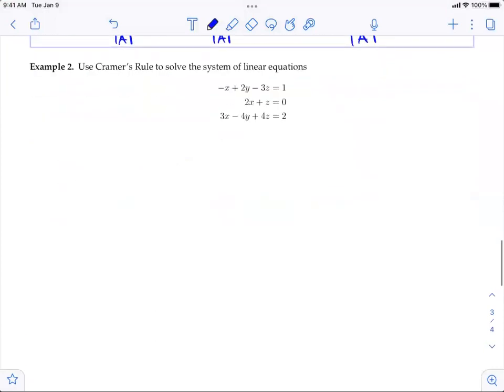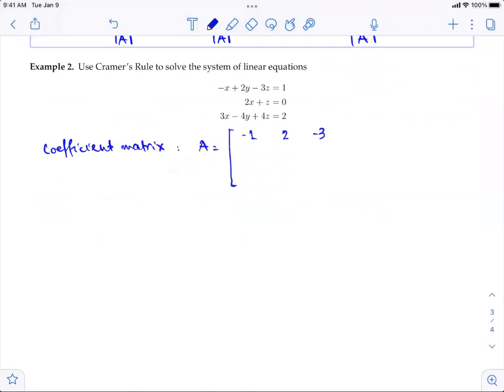Now in the following example, I have a system of 3 equations with 3 unknowns, x, y, and z. I'm going to write down the coefficient matrix here. The matrix is of the form -1, 2, -3.